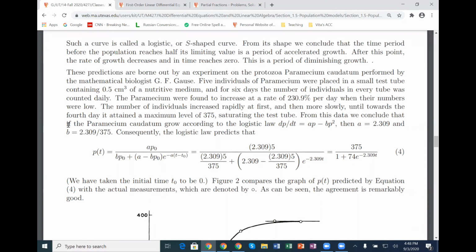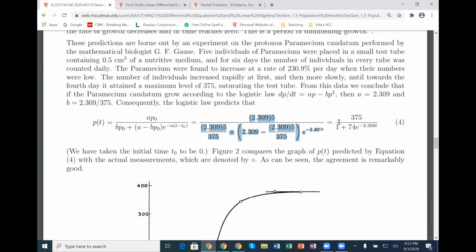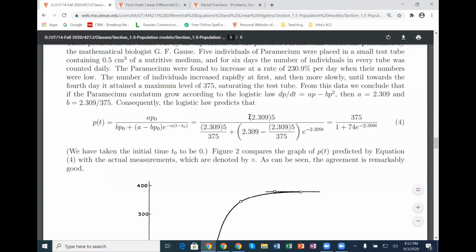Sure. Other questions? So where did the 375 in the final equation come from? I thought on the top it's 2.309 times 5. Well, we just simplify this expression and get this. It's easy to simplify.